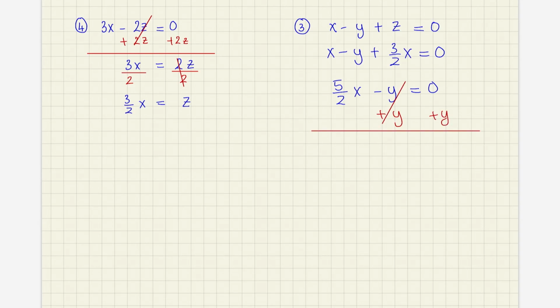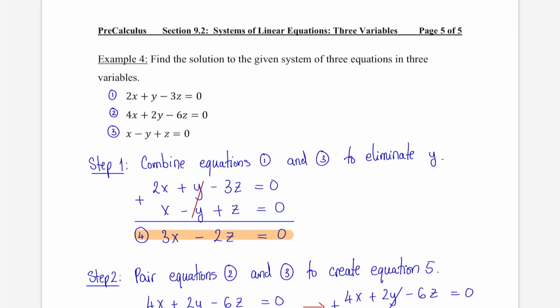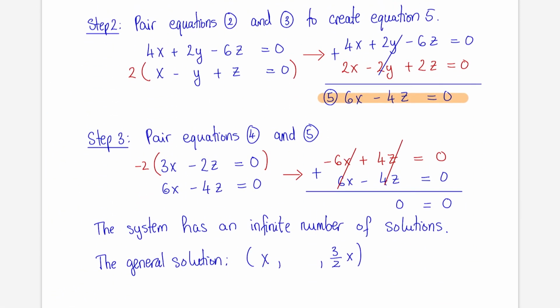So this y canceled out. I have 5/2 x equals y. So I found that y is equivalent to 5/2 x. I am going to put this into my ordered triple. So I have x, y, z, and y is 5/2 x. I will put 5/2 x in here. And this is my solution in general form.